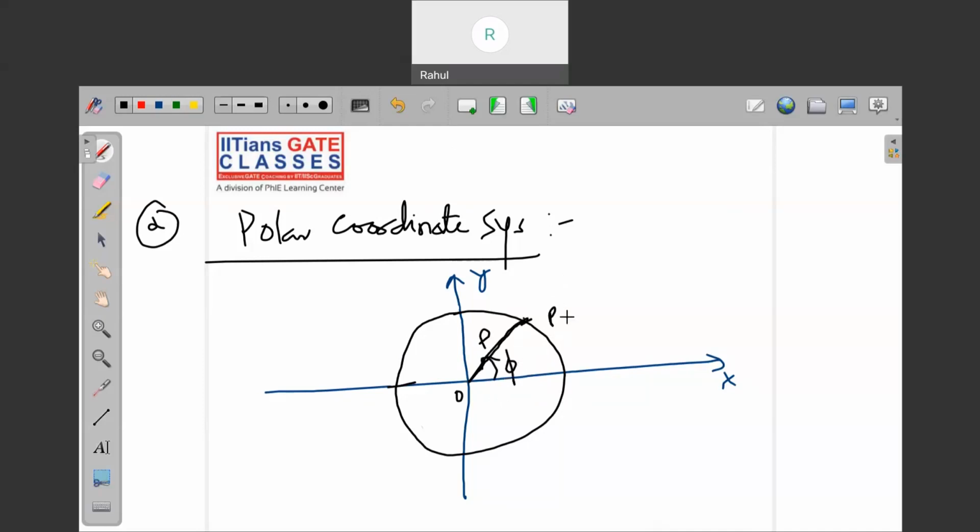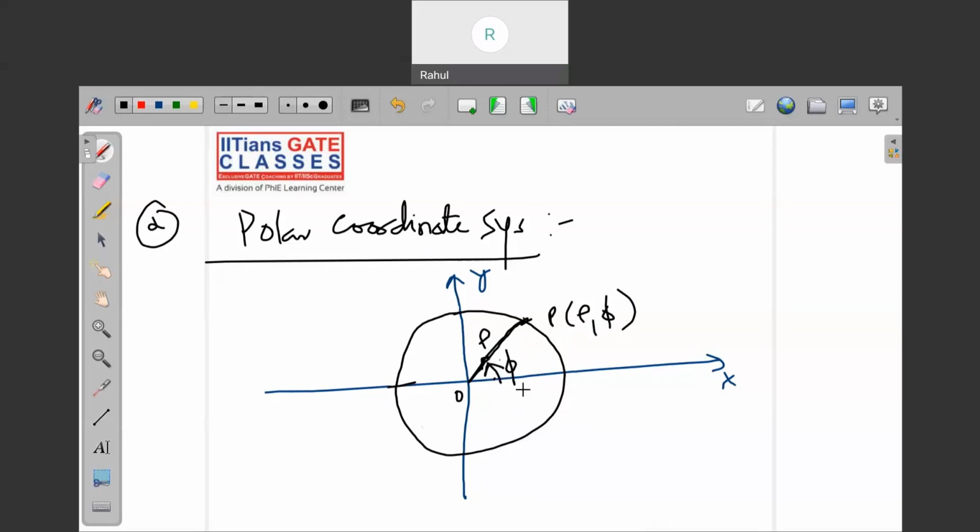So this coordinate is going to be rho, phi. Right now I'm just talking about two dimensions, but we will only discuss three dimensions, because our electromagnetic wave will be propagating in space.